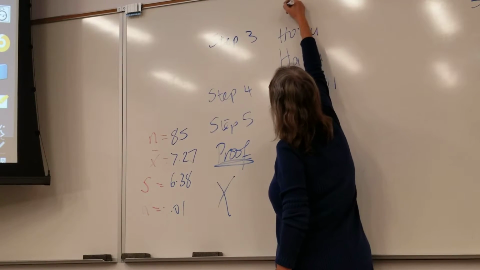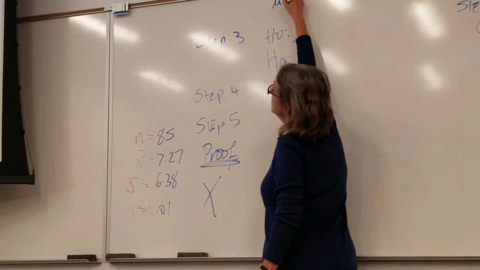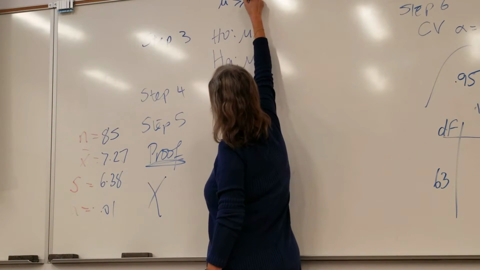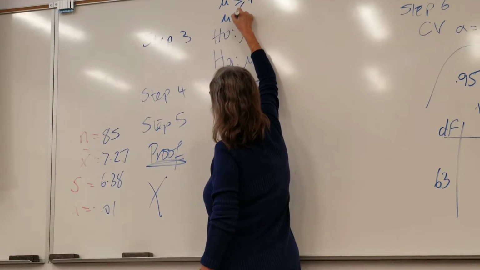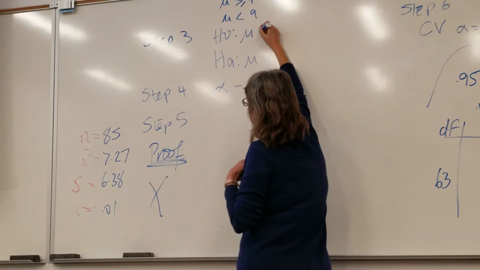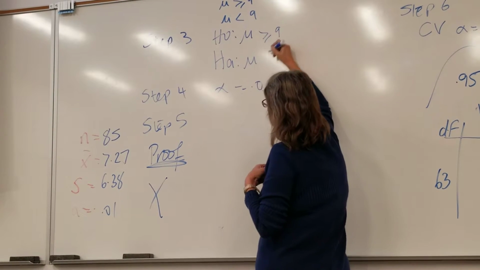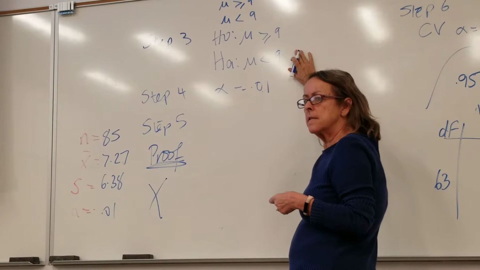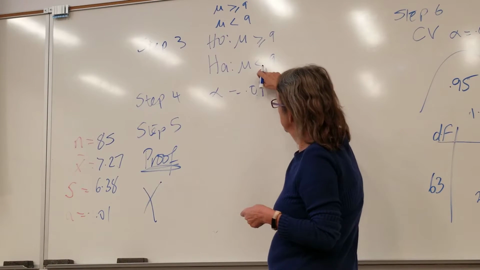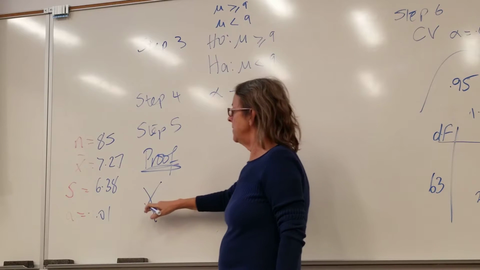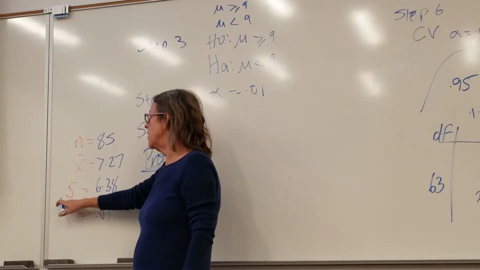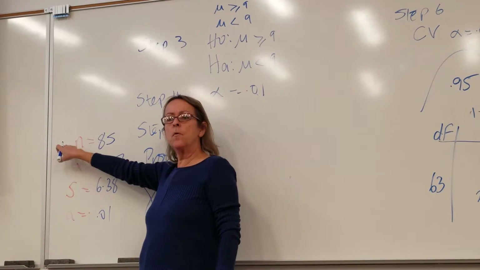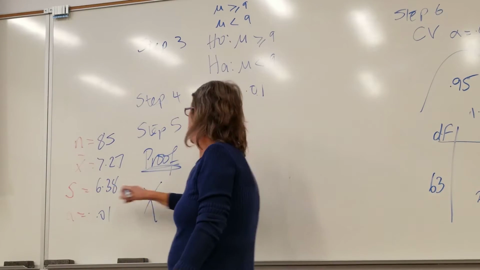Okay. So they said that they believe, step 1, mu is at least 9 years. The opposite of which is less than 9 years. So the equals goes in the null, and this is 9. Right or left tail test? Left. Okay. So step 5, there is no sigma. When you've got s, n has to be more than 100 in order to use a z.